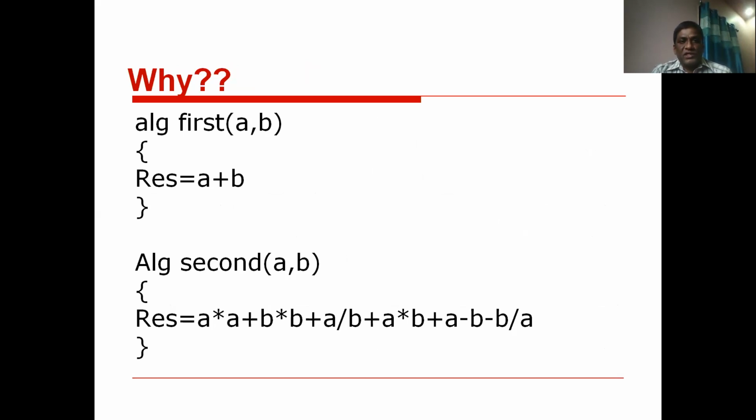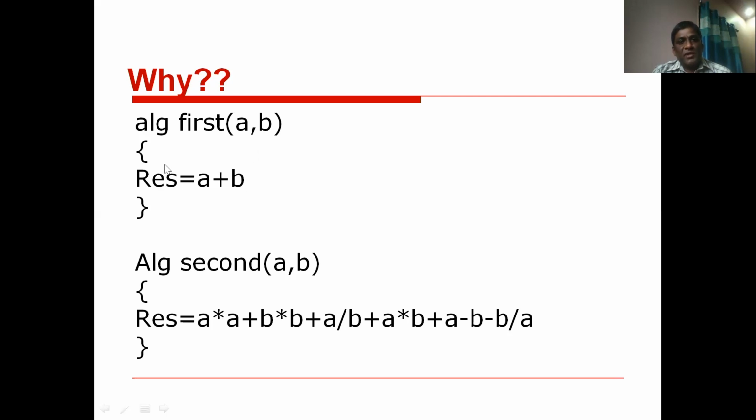This slide contains two algorithms. If you look at this first algorithm, its name is first, and it takes two input parameters, and then the body of the algorithm contains a single statement which is calculating the addition of the given two numbers and storing the result into another variable res. So how many statements are there in this algorithm?